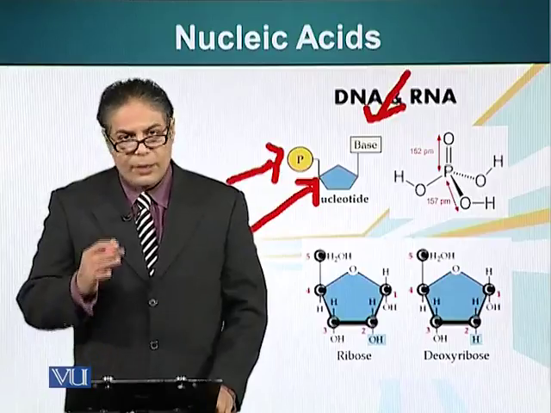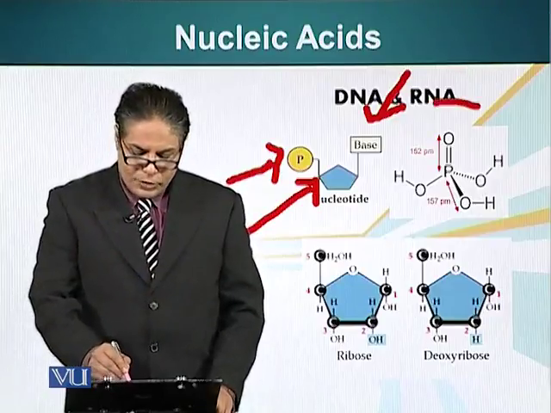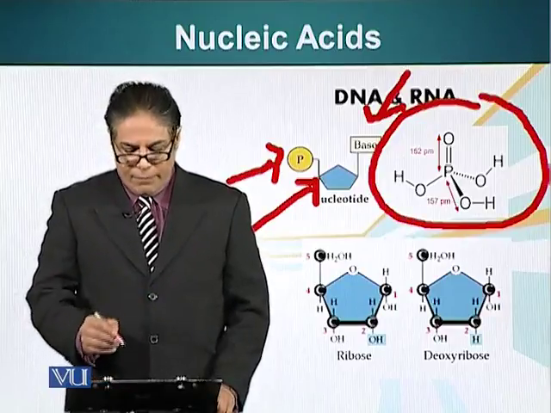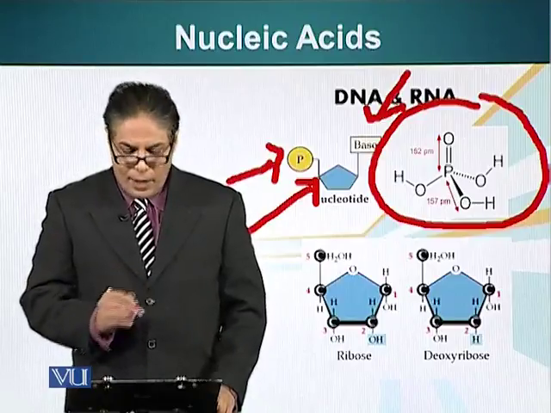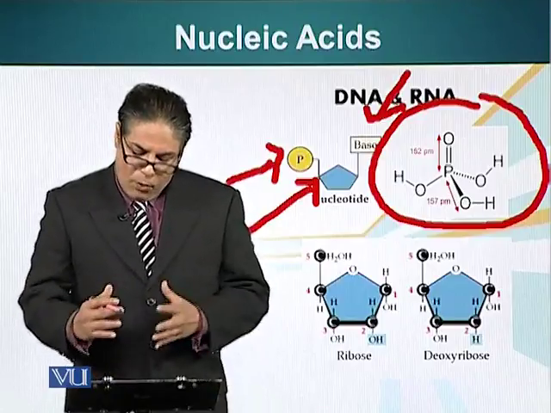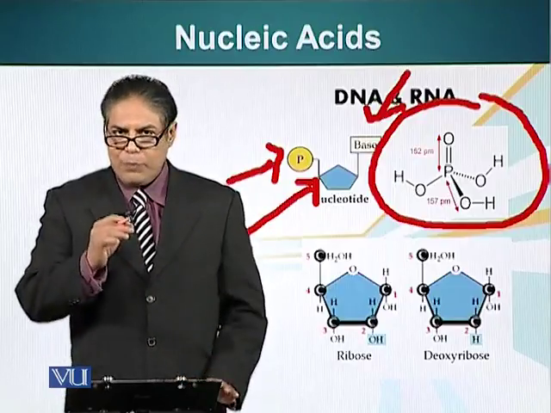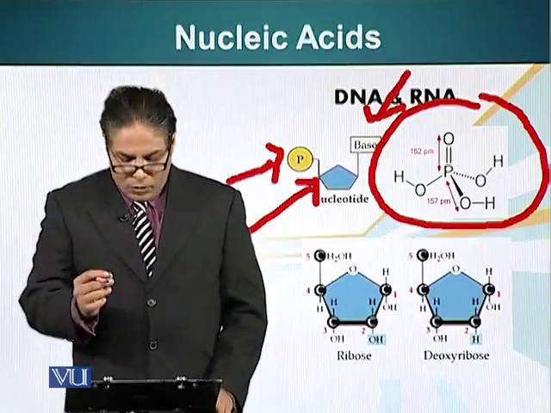Now let's look at the structure of these individual components. Here is the structure of a phosphate group. It is basically phosphoric acid which forms a bond with the pentose sugar. This bond is an ester bond because it is formed between an acid and an alcohol.